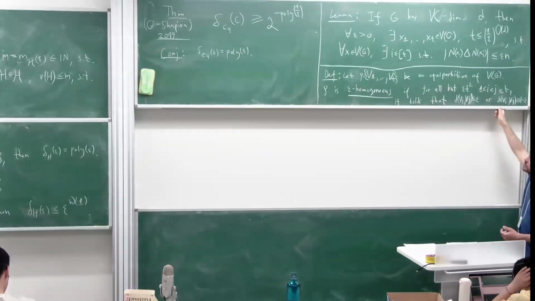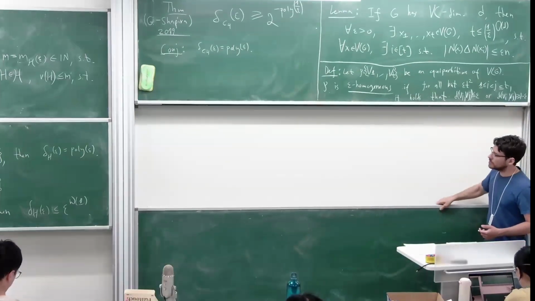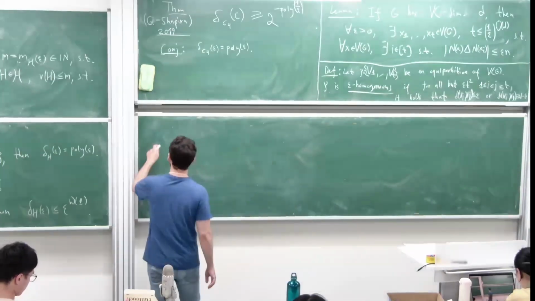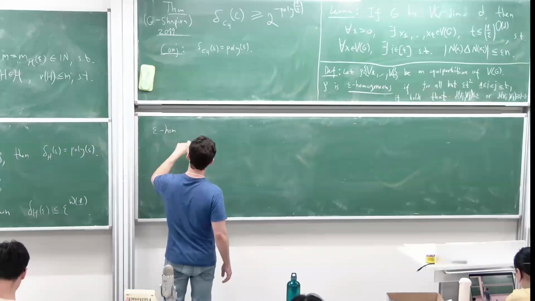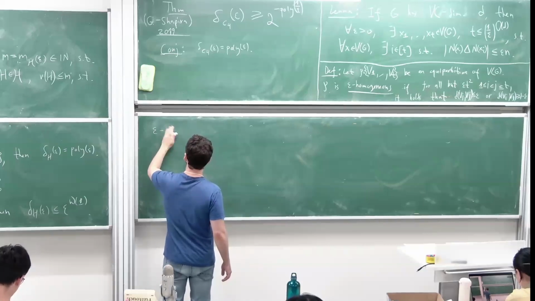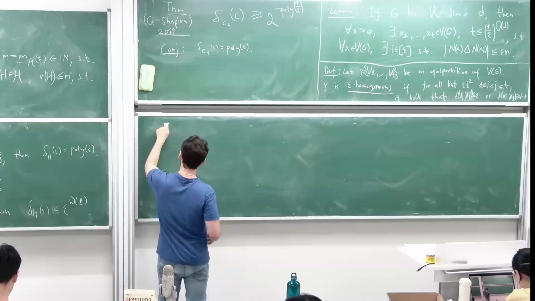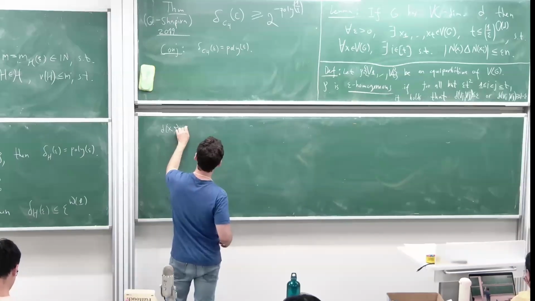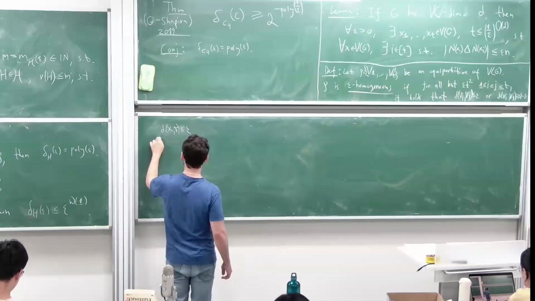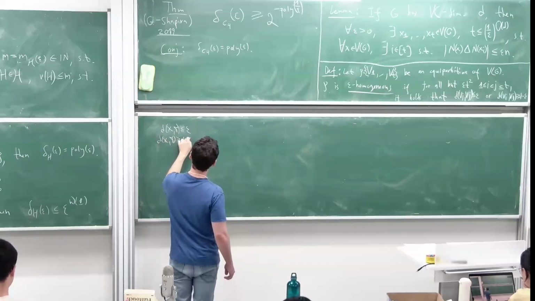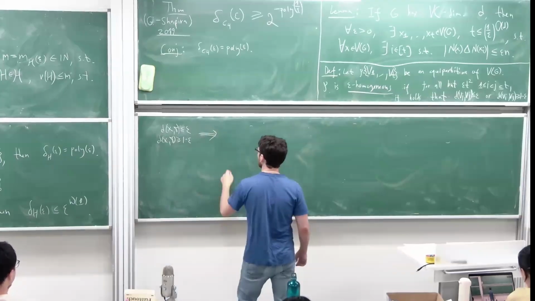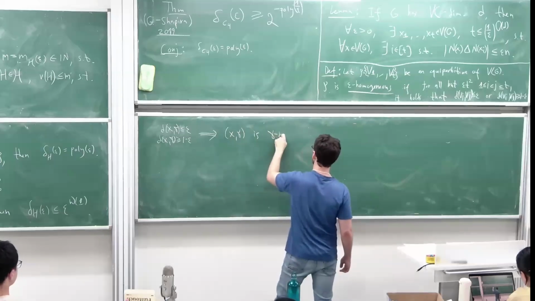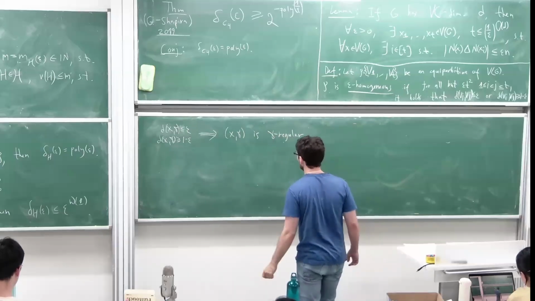Okay. So one thing to note is that this is a stronger assumption than regular. If between two sets X and Y you have that the density is at most epsilon or at least 1 minus epsilon, then this implies that (X,Y) is regular. It's not exactly epsilon regular, but it's gamma regular.